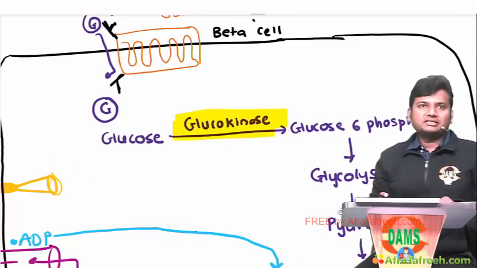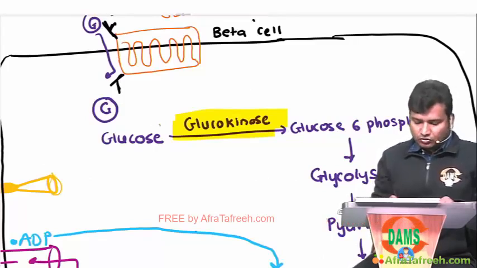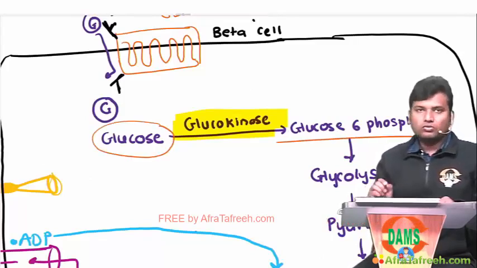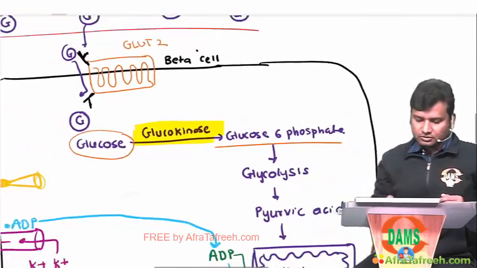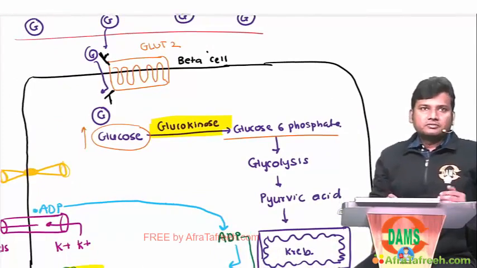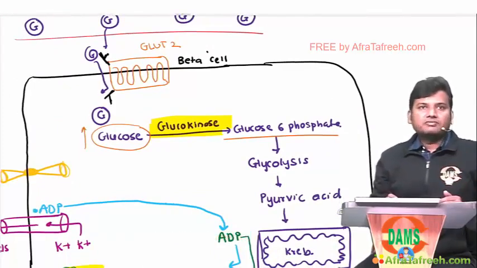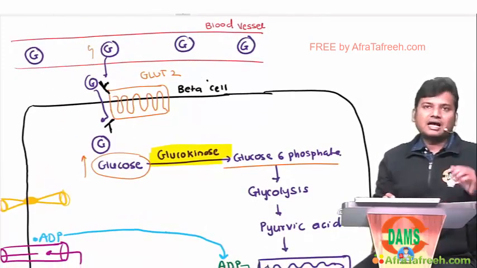Suppose a patient has glucokinase deficiency or hexokinase deficiency. Then glucose cannot be converted to glucose 6-phosphate, or the amount will be decreased. So glucose will increase in the beta cell and be transferred to blood, so the patient will have hyperglycemia.